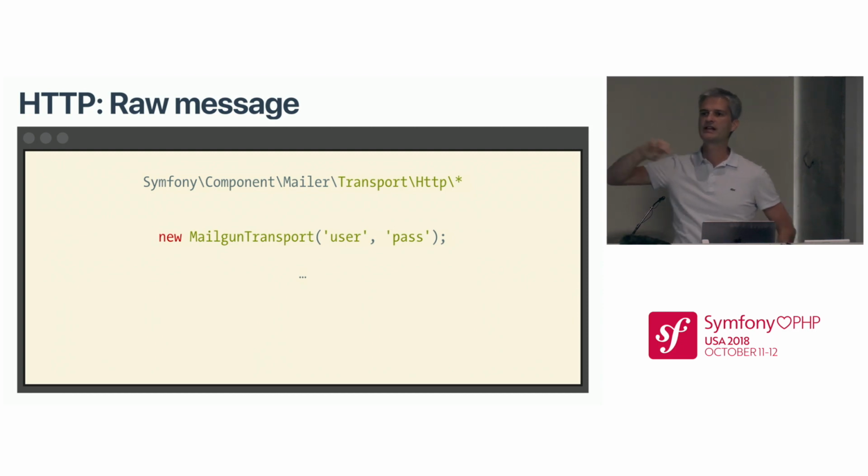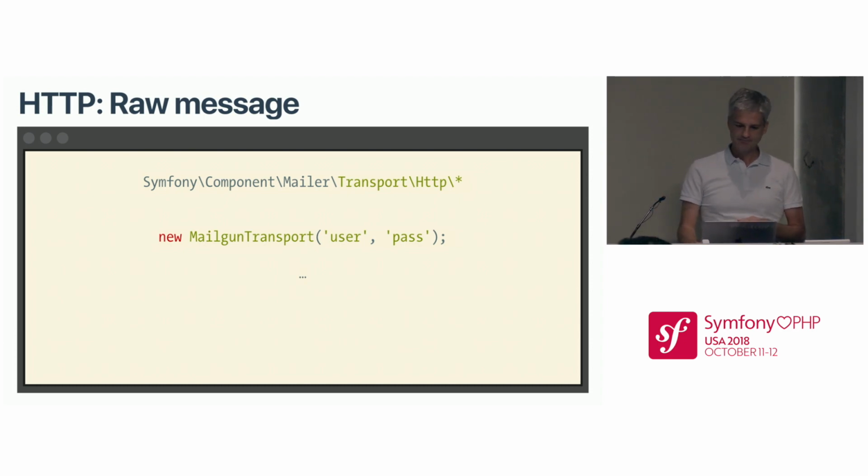Exactly the same as before, except that now we are using the HTTP transport to send the email. But here, it is still the responsibility of the Symfony mailer component to convert your message to a MIME message, which means that if you are switching from a local SMTP server in development to the Mailgun transport via HTTP, the message is going to be exactly the same, right?